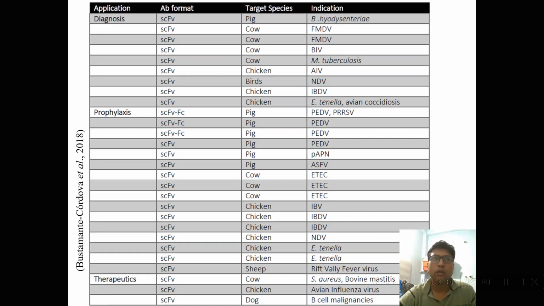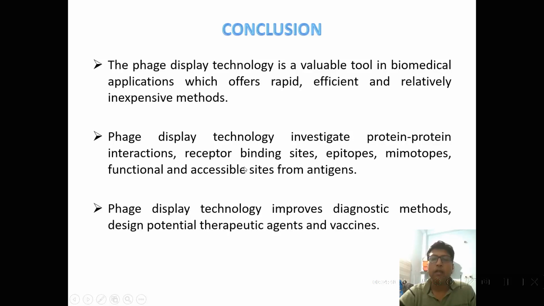Now there is so much work going on in veterinary science, not only for diagnosis but for prophylaxis and therapeutic response of phage displayed peptides in different animal species. Finally, the conclusion is that phage display technology is a valuable tool in biomedical application which offers rapid, efficient, and relatively inexpensive methods.